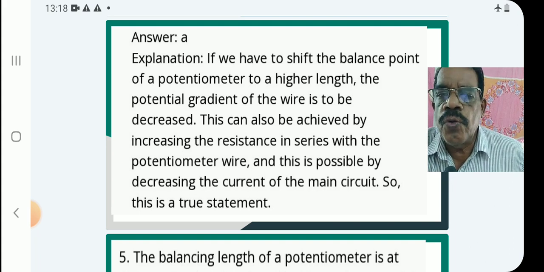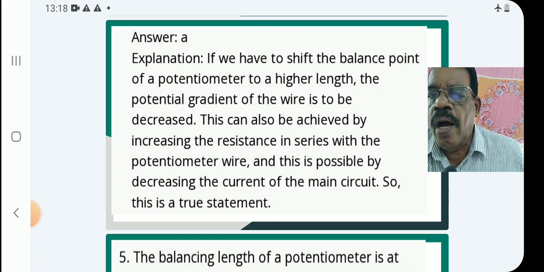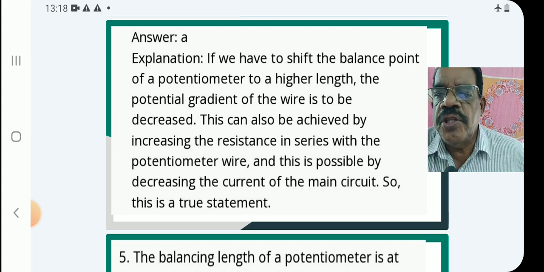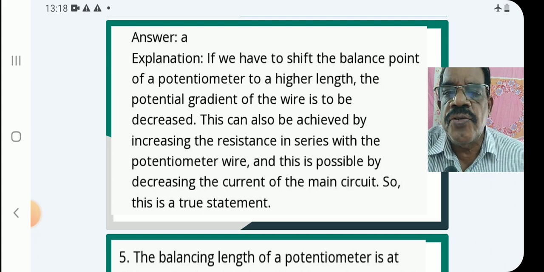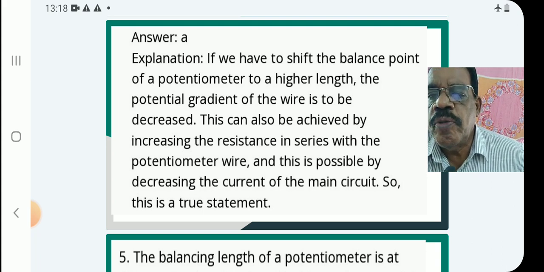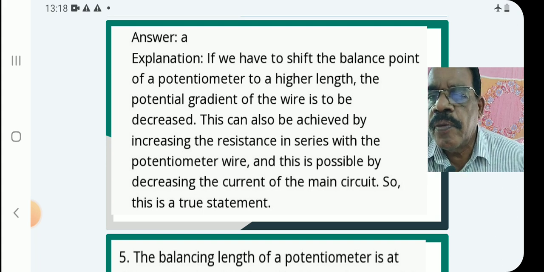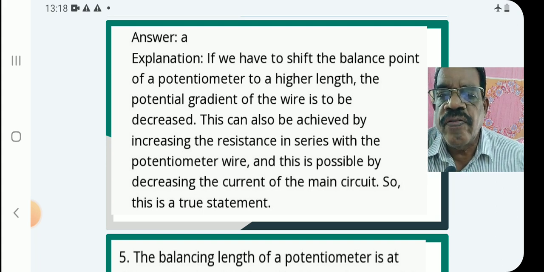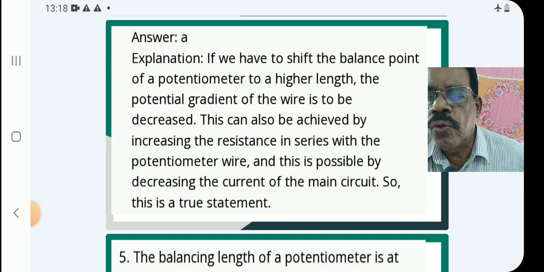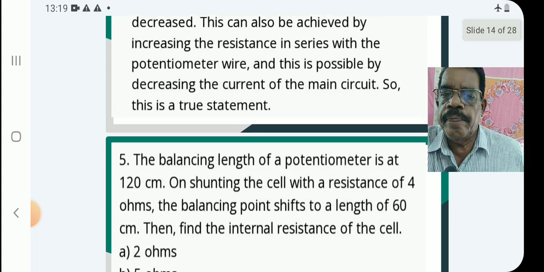This can be achieved by increasing the resistance in series with the potentiometer wire, and this is possible by decreasing the current of the main circuit. So this is a true statement.